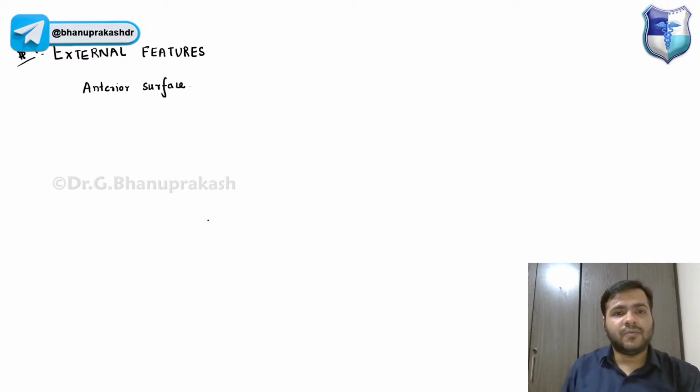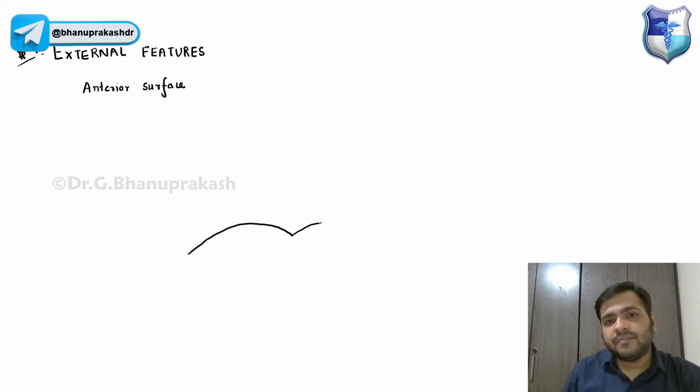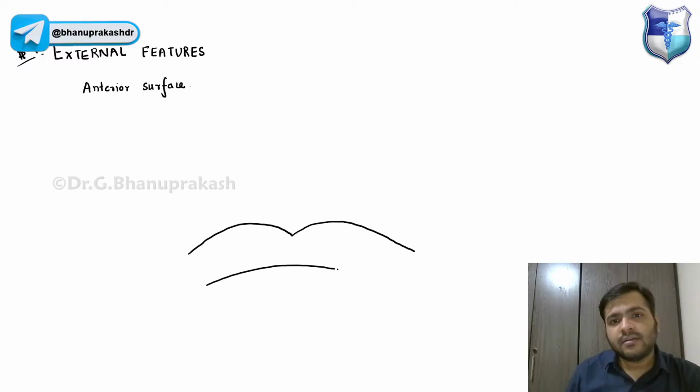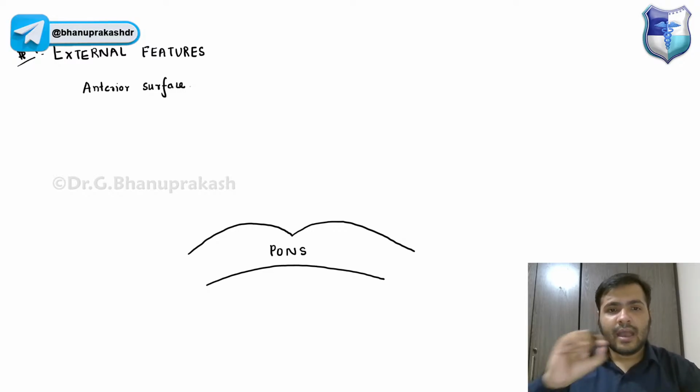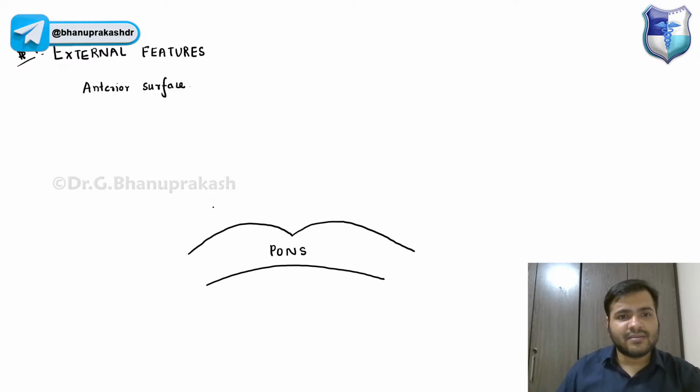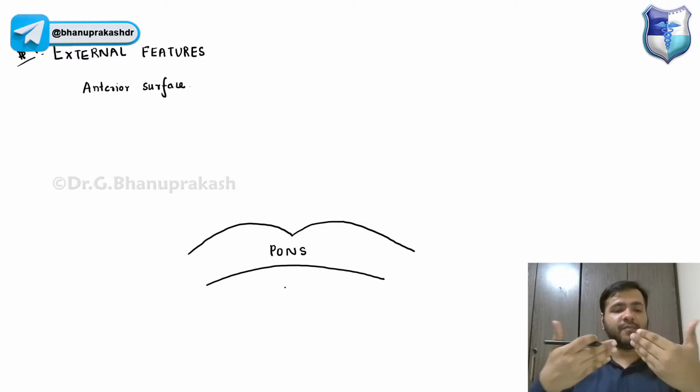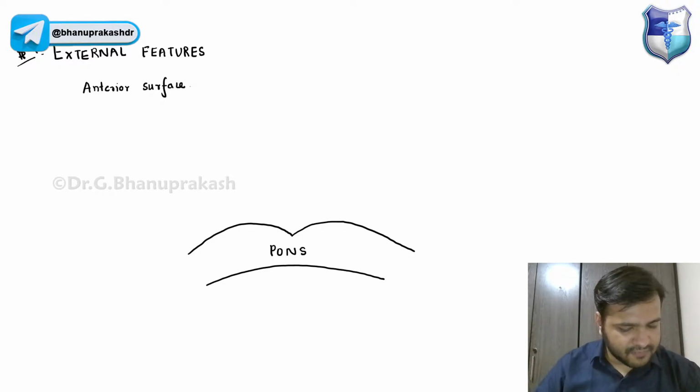Now, guys, you already know, I have already told you, we have this pons below, right? I'm just trying to draw this pons over here. Now, at the upper surface of the pons, we are watching this midbrain from the front.